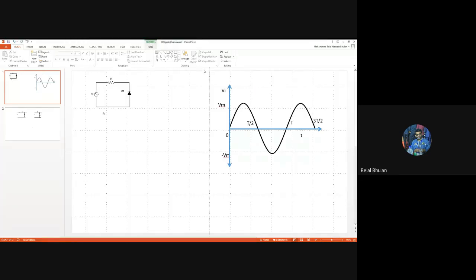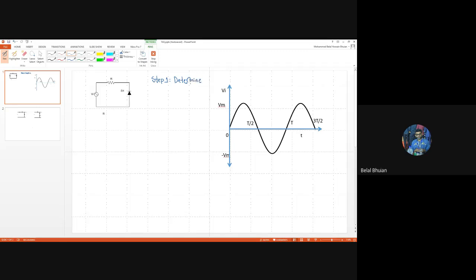And then we said that we're going to follow the steps. The steps were, in step 1, determine the transition state voltage.